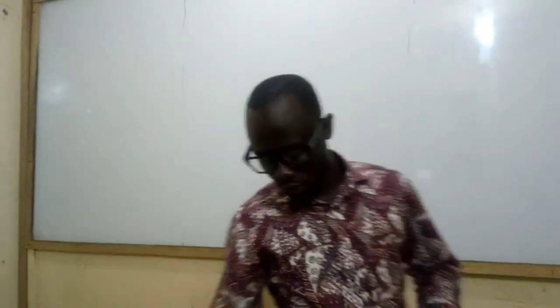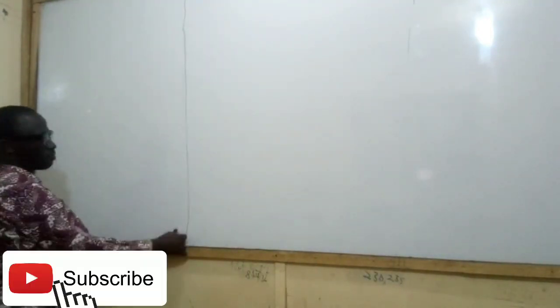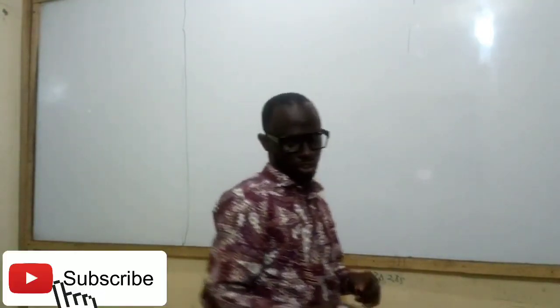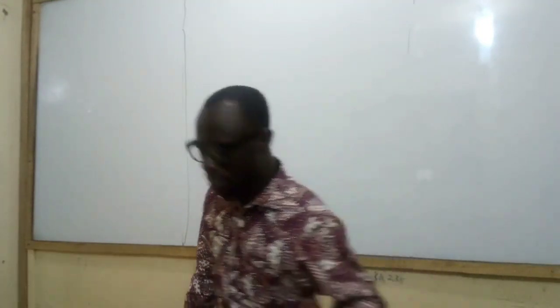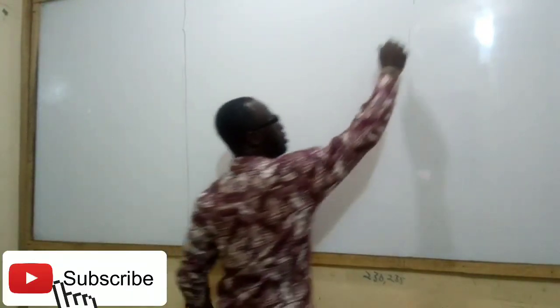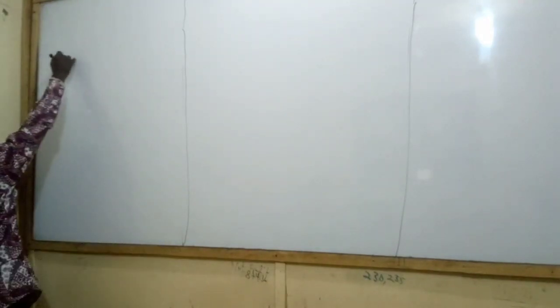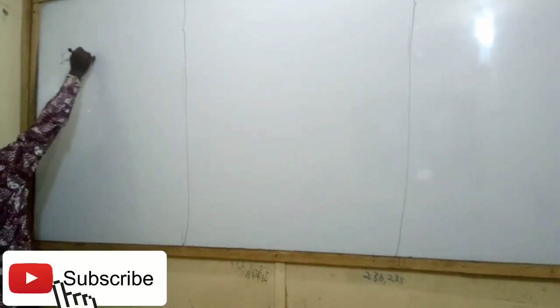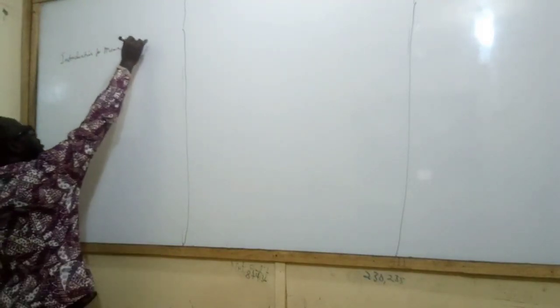Okay, so let's begin with the discussion. Before I come to the issues about cost control, cost reduction, business ethics, let me start with something that is critical to our study, and that is going to be Introduction to Management Accounting.